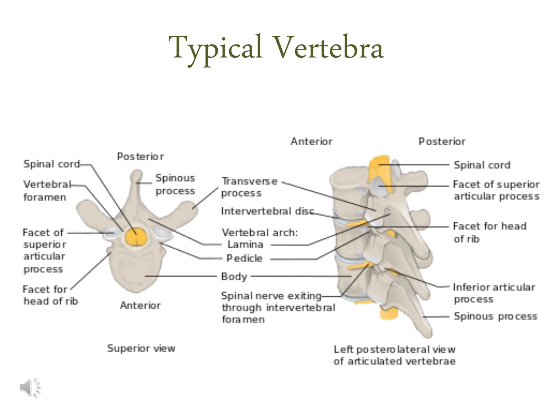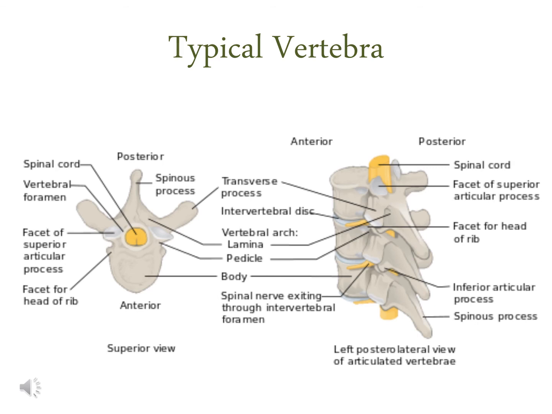The typical vertebrae articulate to each other via what's called the facet joint, as the superior articular facet of one vertebra articulates with the inferior articular facet of the vertebra above, and so on down the spinal cord.